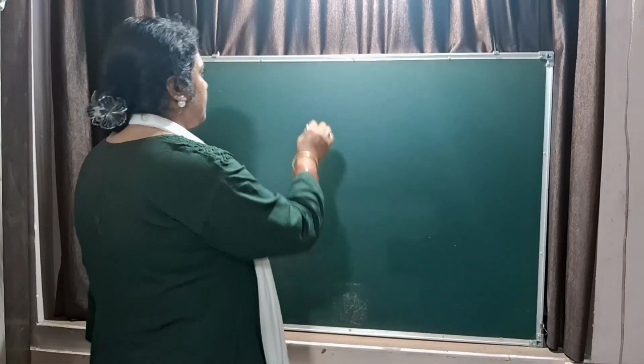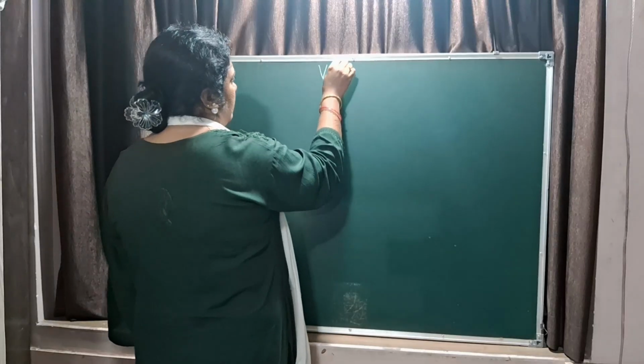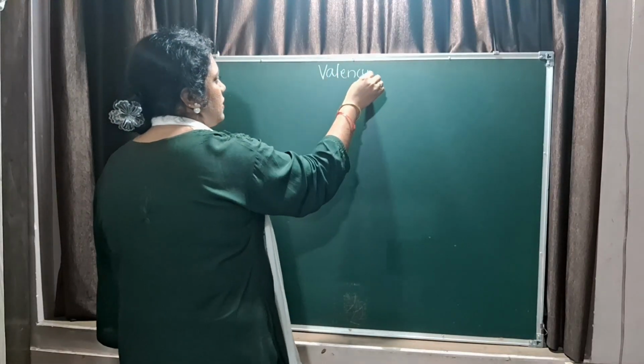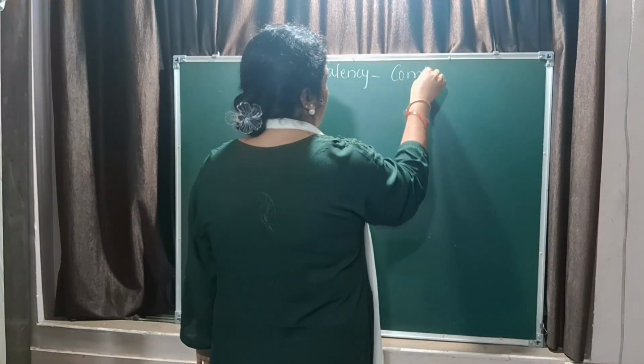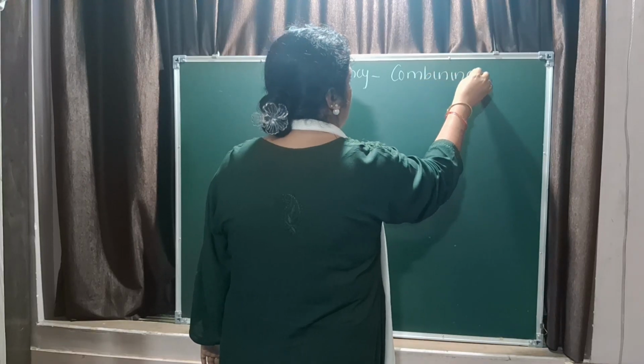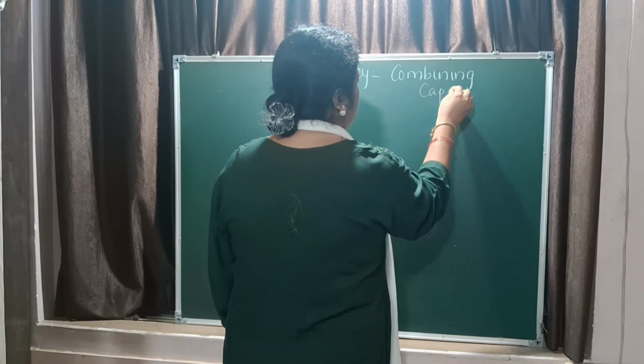Next is the valency. Now when you talk about valency, valency is the combining capacity of an element.